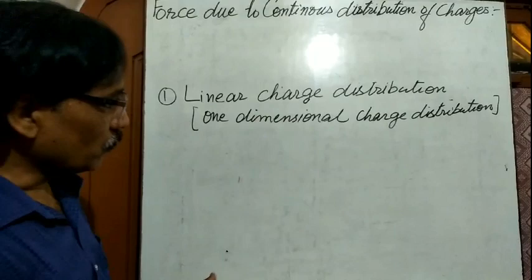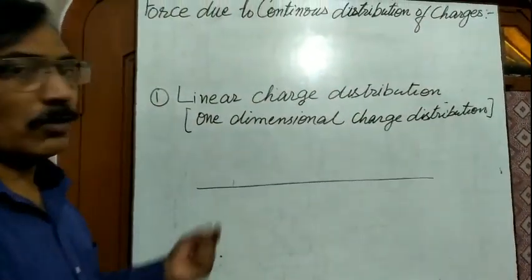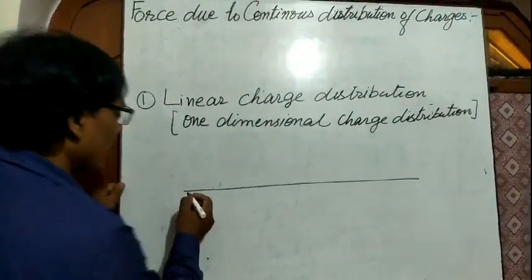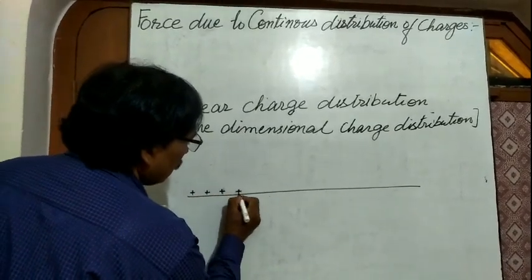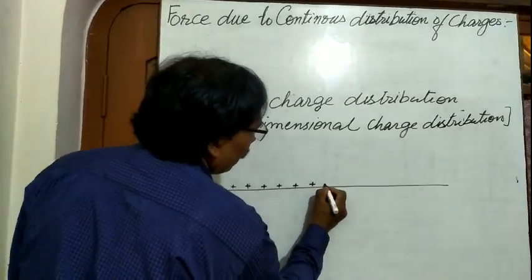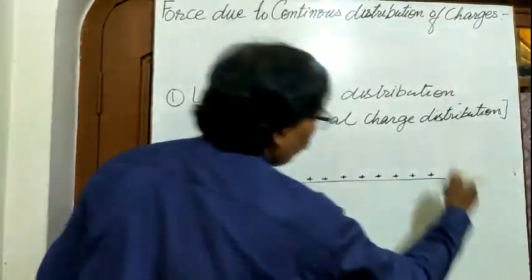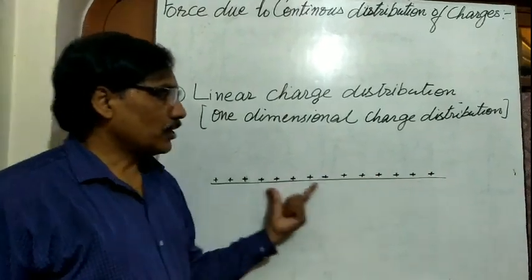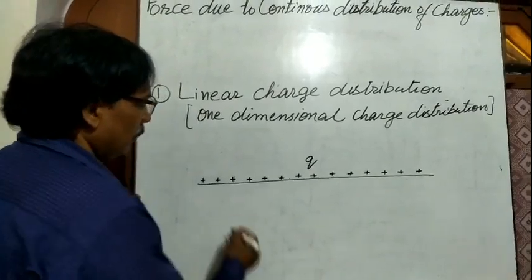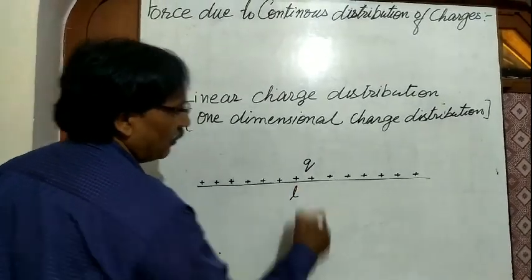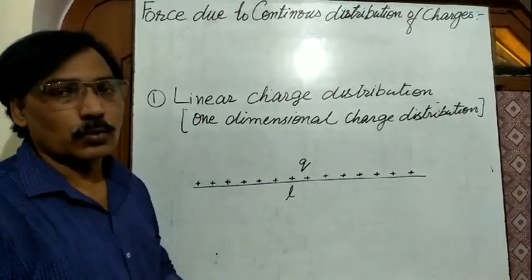When the charge is distributed along a straight line, along a wire, like this. Suppose this wire is positively charged. Charge is distributed uniformly along this wire. Suppose the total charge distributed here is Q, and its length is L.